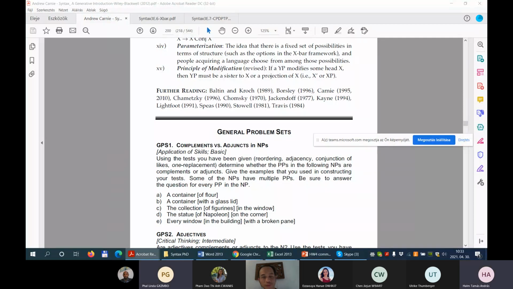I think if we draw the tree, it's easier to judge whether this one is an adjunct or a complement. Would you like to show a tree? Yes. I will give you the right to do so.